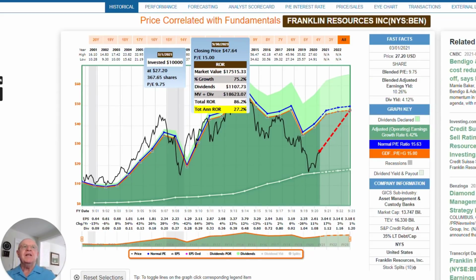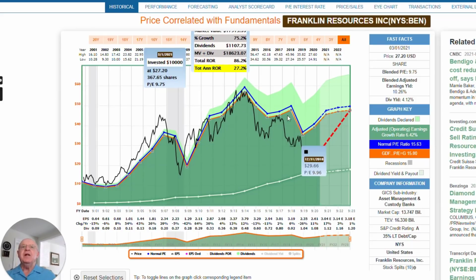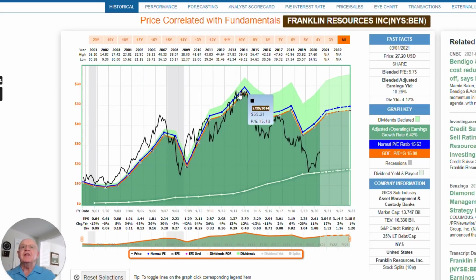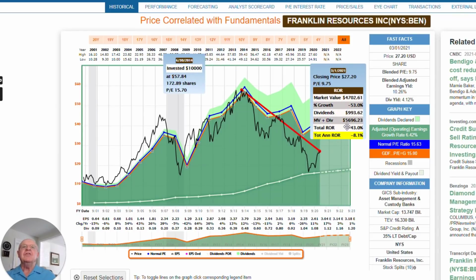So this is something that has merit, but you do have to take into consideration that it's been a very, very lousy investment for the last 4 or 5 years. It's lost 8% annualized. It would turn 10,000 into almost 5,700. That's a 53% drop since June of 2014.